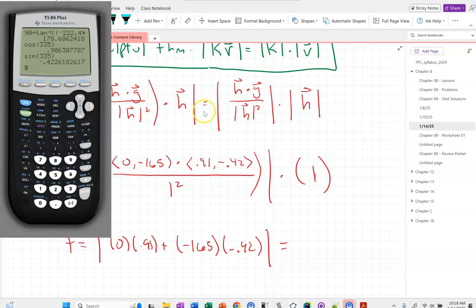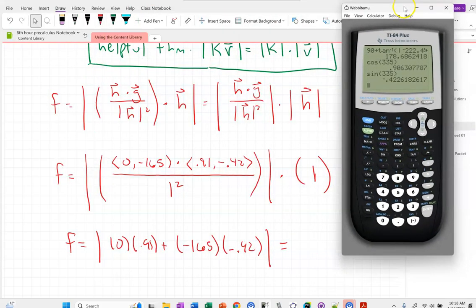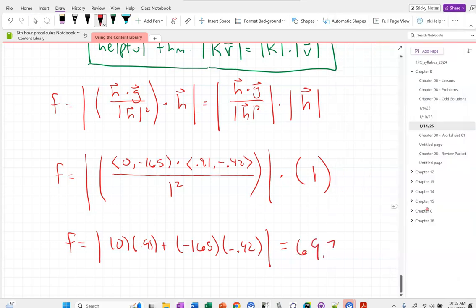Anytime you're projecting onto a unit vector, we can just take the absolute value of the dot product. So my answer should be 69.7. That's pretty cool.